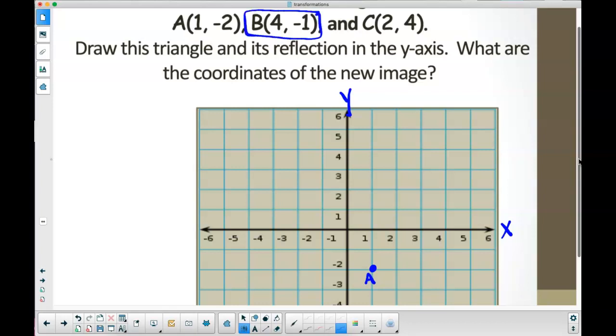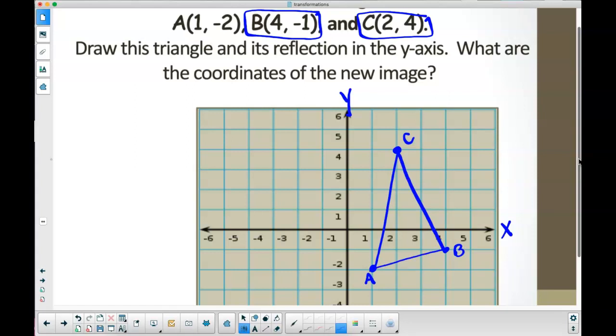So I'm going to go from the origin, right 4, down 1. There's B. And C is at (2, 4). Right 2, up 4. There's C. Here's my triangle.